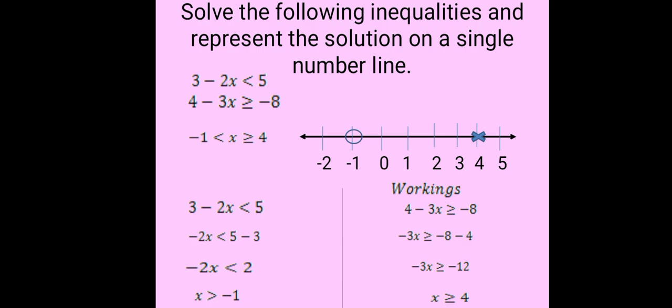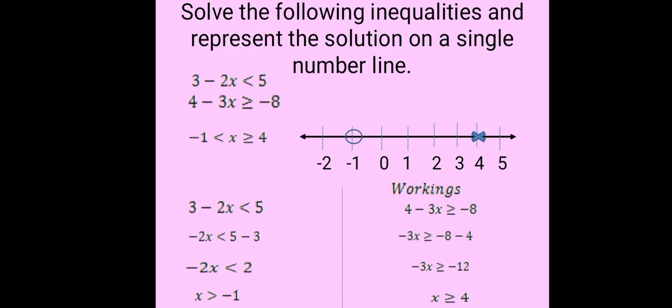Solve the following inequalities and represent the solution on a single number line. Now we shall solve 3 minus 2x is less than 5 and solve the other. We solve them independently.